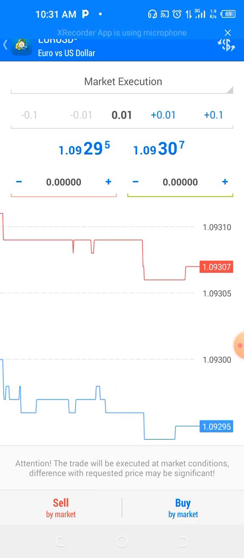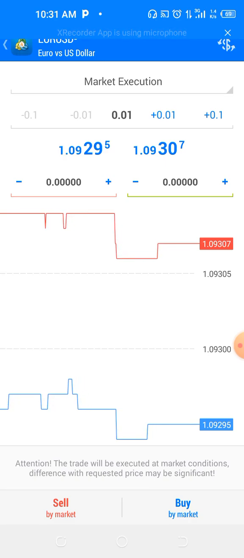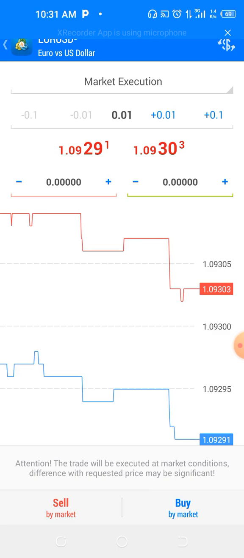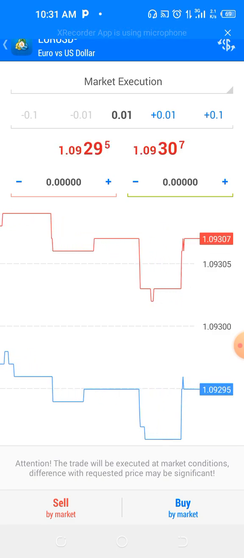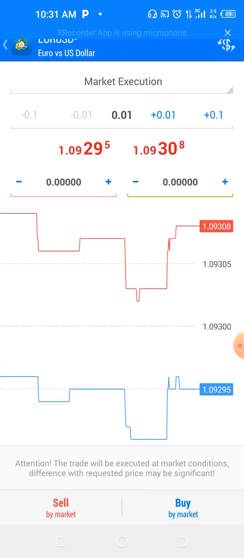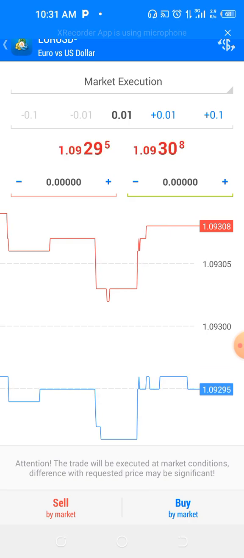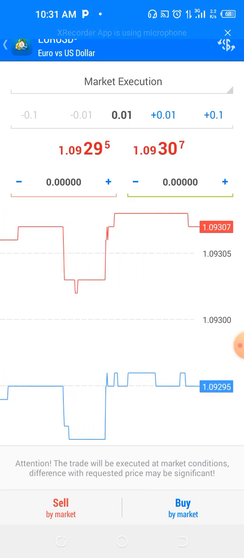Leverage is like where you borrow money. You want to perform a trading activity of 100,000, but you don't have it, but you are given the privilege to borrow that 100,000 with the little money you have, and then to trade as if you have 100,000. That is leverage.